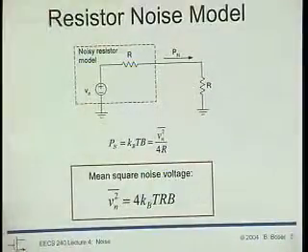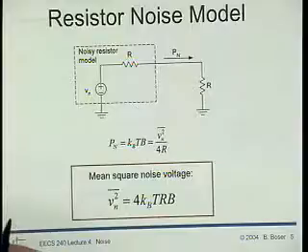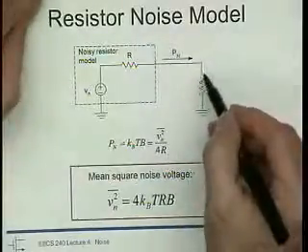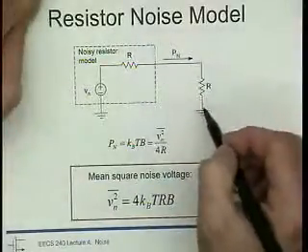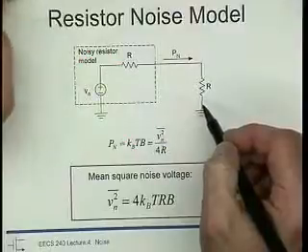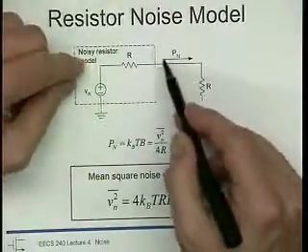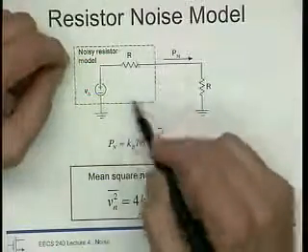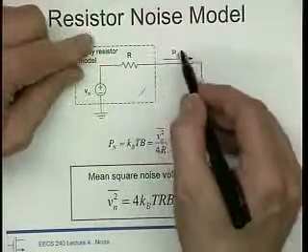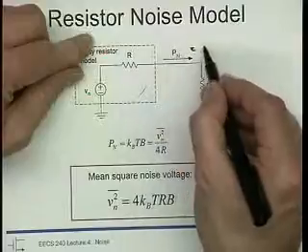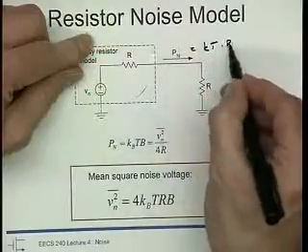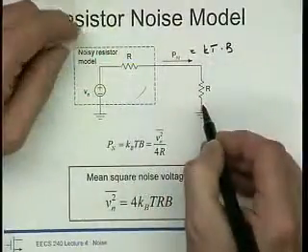Now, to deliver the maximum amount of power, it's relatively easy to show that we need to load our circuit with a resistor of like value. So in that case, we actually have the maximum power, and we know that this is going to be the kT times B that is going to be delivered to this circuit.